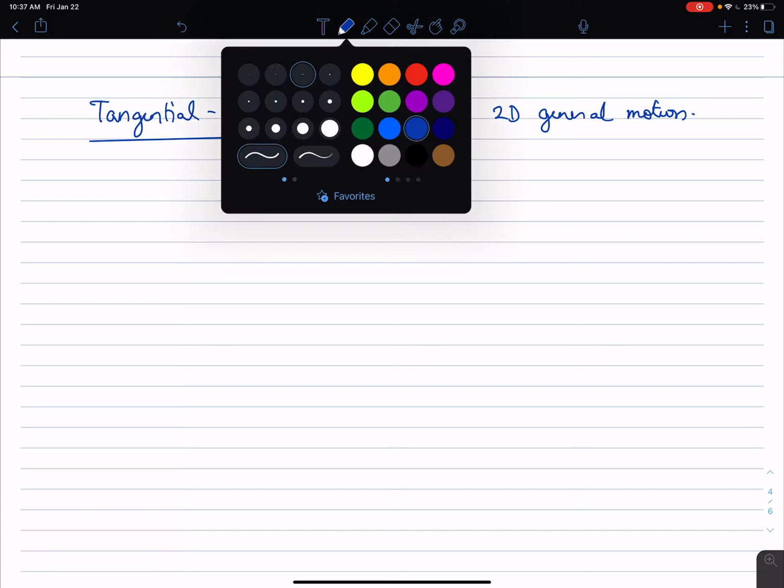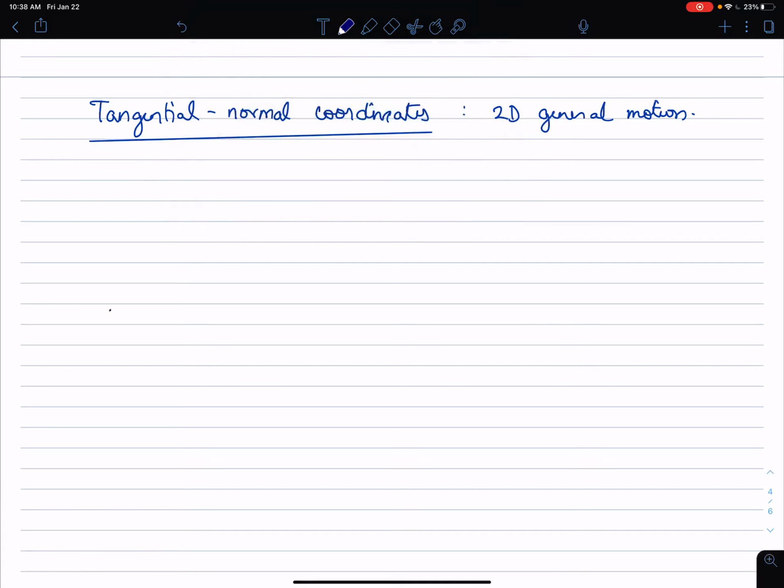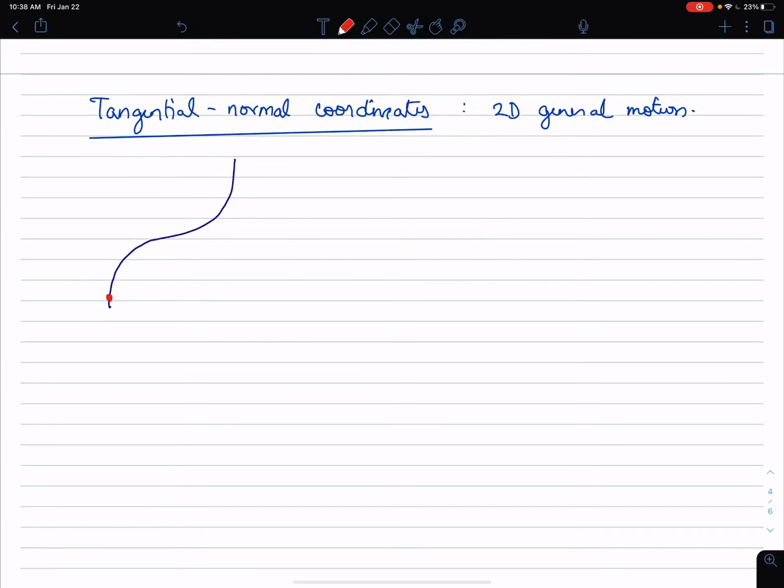Okay, so here's the idea. So let's say you have a particle moving along this path, and at some point here, the tangent vector is, well, tangent to the path, and it's denoted by e_t, and then the normal to the path is denoted e_n.